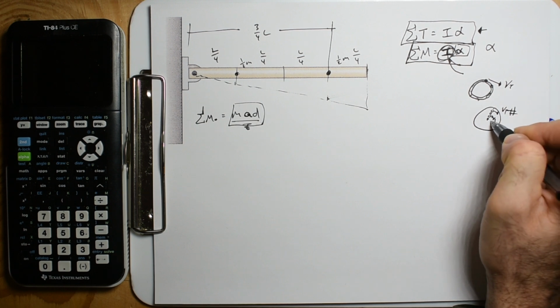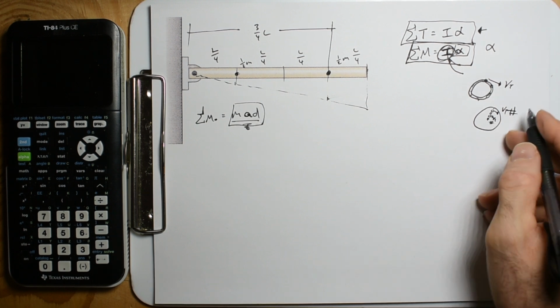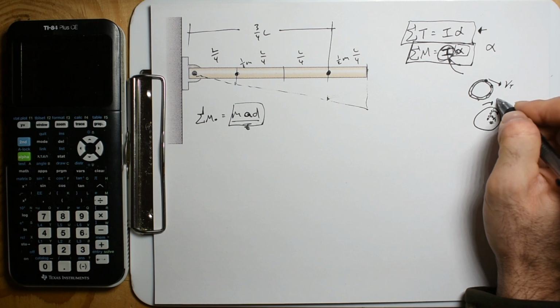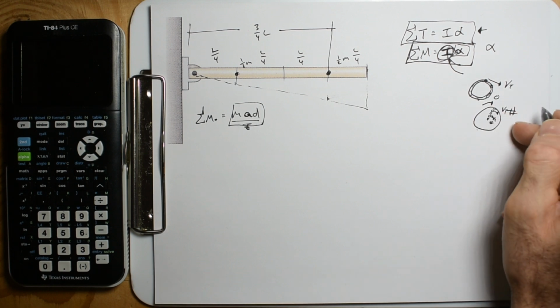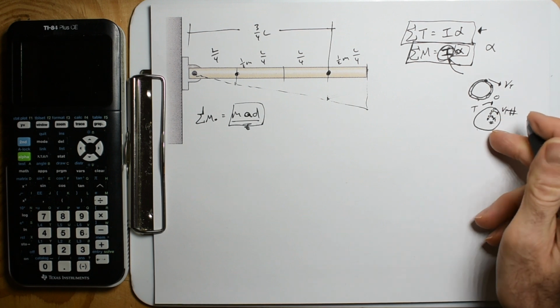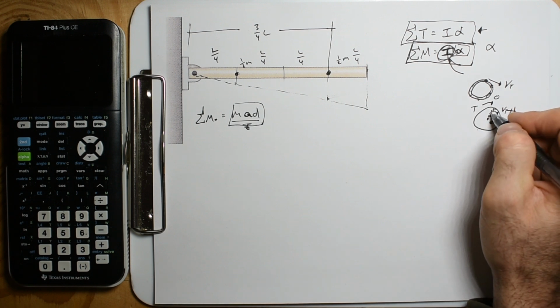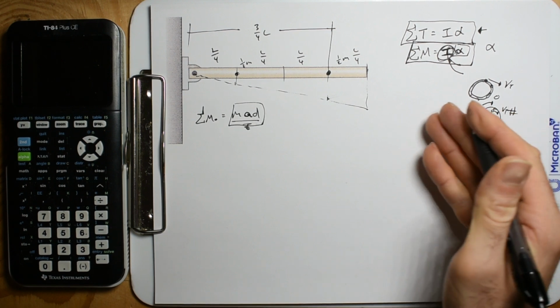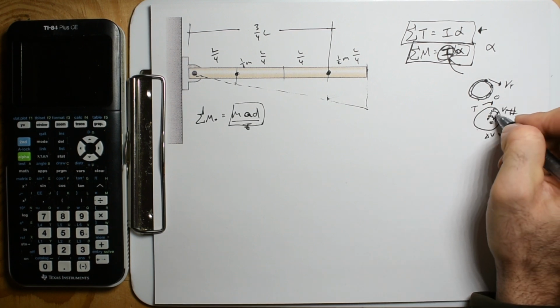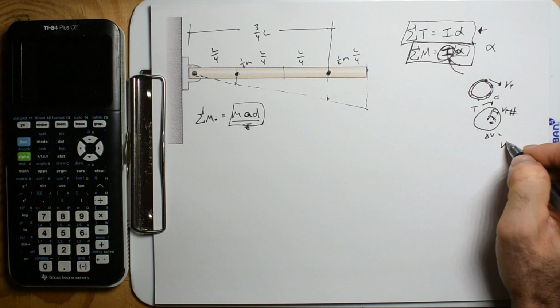This tangential velocity is way bigger than that tangential velocity. So if I start to accelerate this thing with a torque, all these masses' changes in velocities are going to be very different.